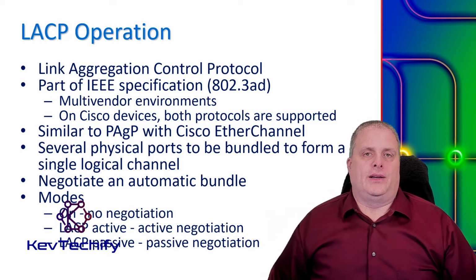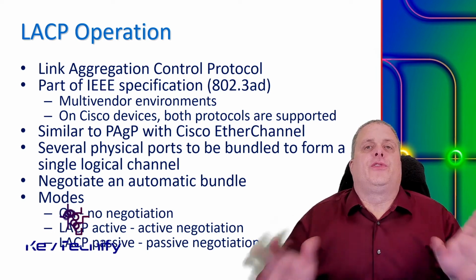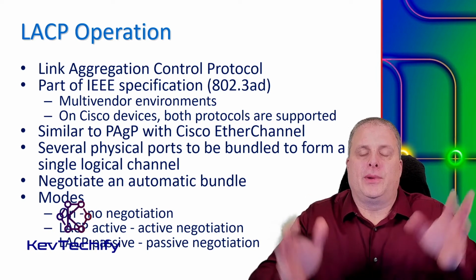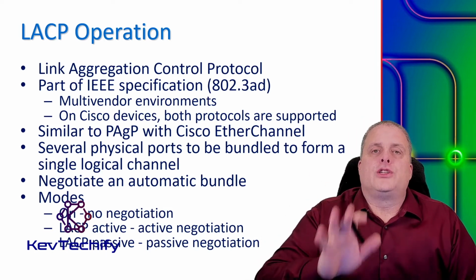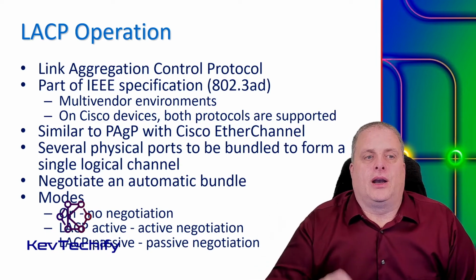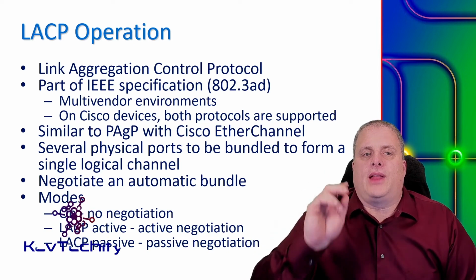It's an open standard, and what that means is anybody who wants to use this is free to use it. With the Cisco proprietary protocol, anybody can use it, but they're going to have to pay Cisco a licensing fee. So a lot of vendors don't use PAgP because it's Cisco proprietary. On the other hand, all the other switches use LACP.